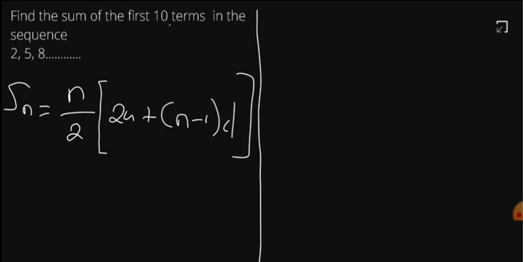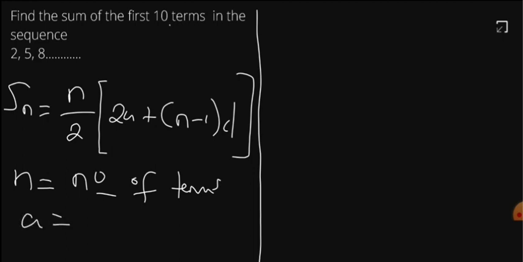Here n is the number of terms that are going to be mentioned in the question. A, we know that it's the first term, and d is the common difference.